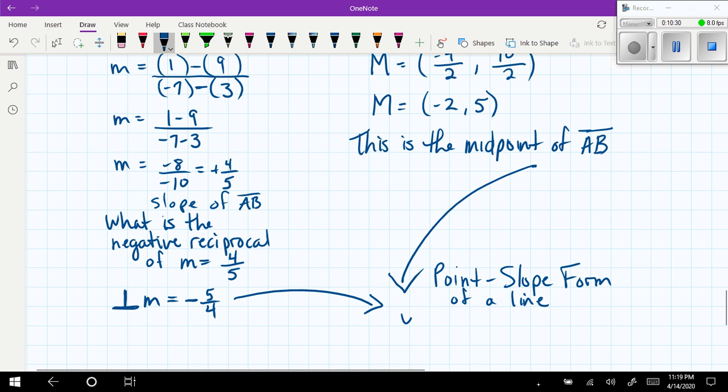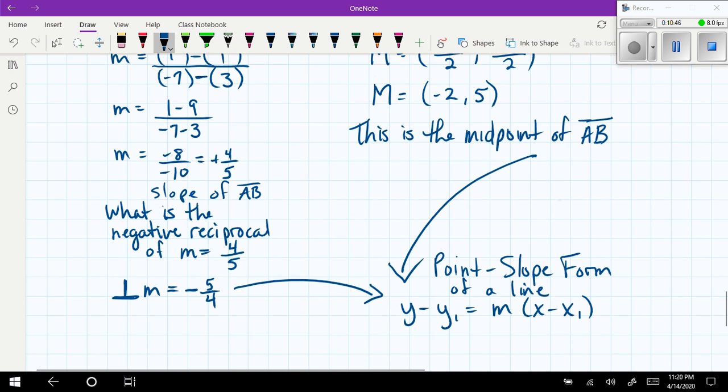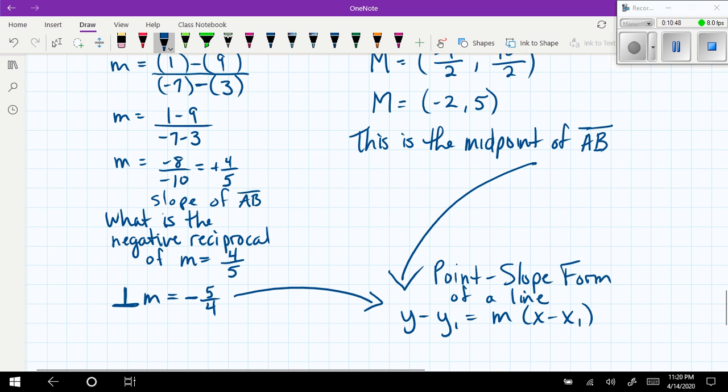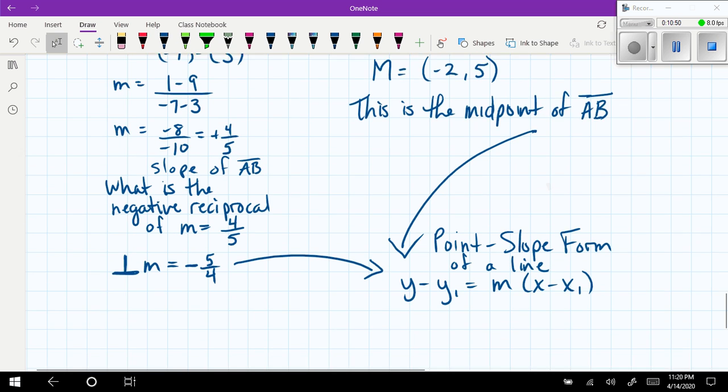And that formula is y minus y1 equals m times x minus x1. Which is pretty easy. If you can just imagine dividing both sides of this formula by x minus x1, you'd get the formula for slope. Alrighty. So the point I'm going to use is my midpoint, negative 2, 5.